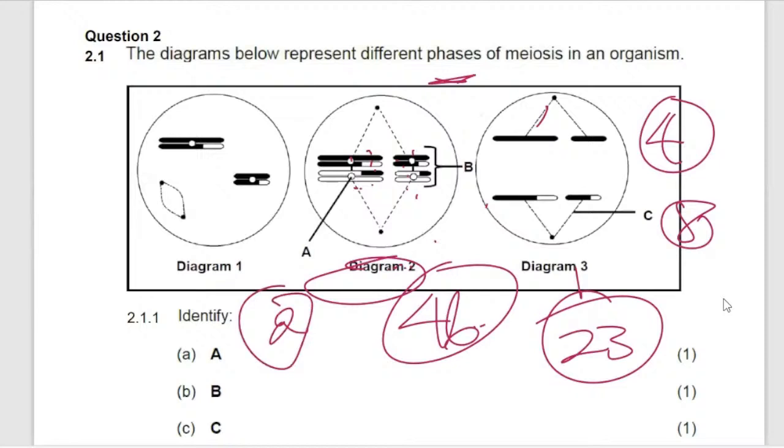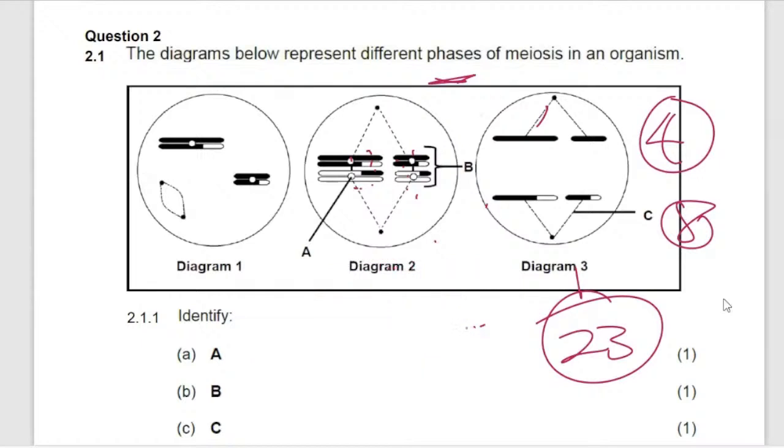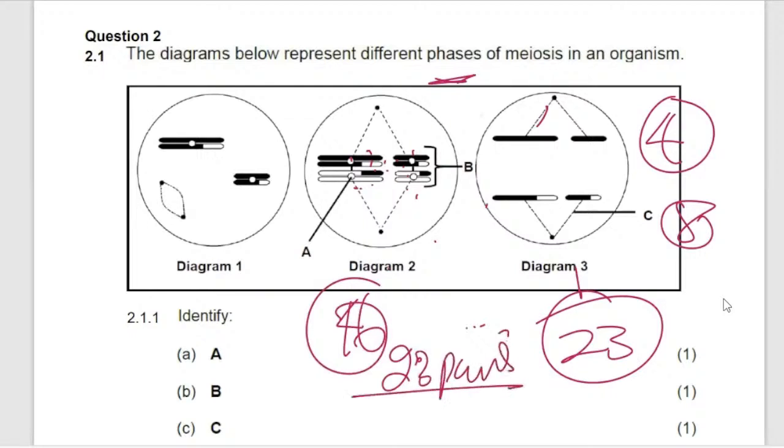Now the question comes, how many chromosomes will be found in diagram 2 if this was a human cell? Now, they said, if this was a human cell, because this is meiosis 1, human cell, therefore there will be 46, or there will be 23 pairs. Yes, I think I'm clear there. That is point number 1 about meiosis.